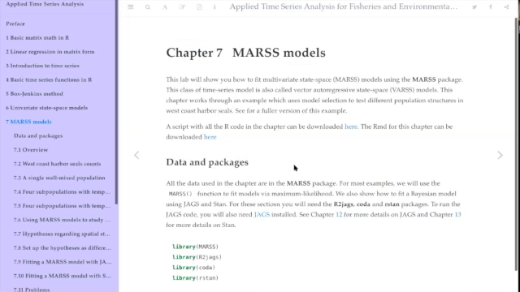Okay, so for your homework, you're going to be doing something similar to this chapter from the lab manual. It's the chapter on MARSS models, and this one goes through using some data in the package to analyze harbor seal data. But for the homework, you're not going to be working exactly with this data.